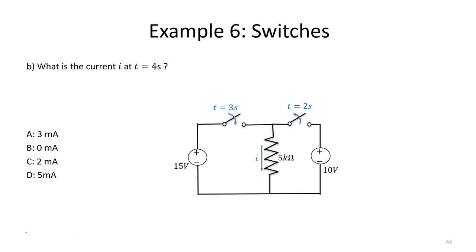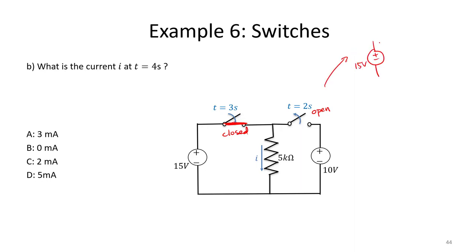All right, well, at time t equals 4 seconds, notice what happens. This switch is now closed, but then our switch on the right is open. So notice what happens here, kind of the opposite as before.